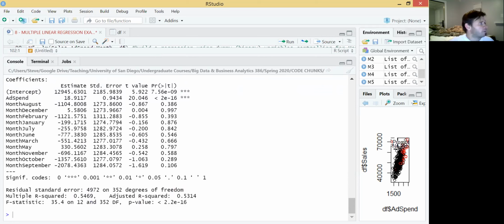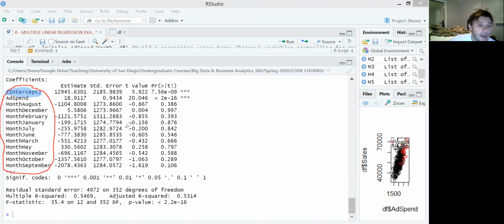In terms of our coefficient estimates, we have several of them. There's quite a few, right? We have an intercept term, we have that ad spend coefficient, and then it looks like we have a coefficient for almost every month. But if you count 1, 2, 3, 4, 5, 6, 7, 8, 9, 10, 11, you'll notice one month is missing. Where is April? It's not there because April turns out to be built into the intercept term.